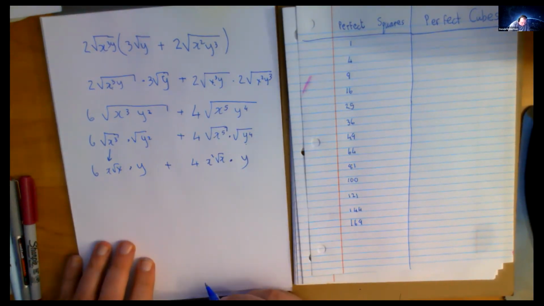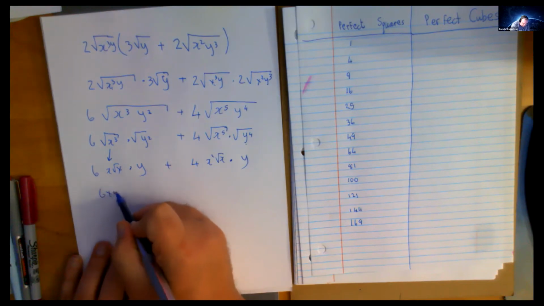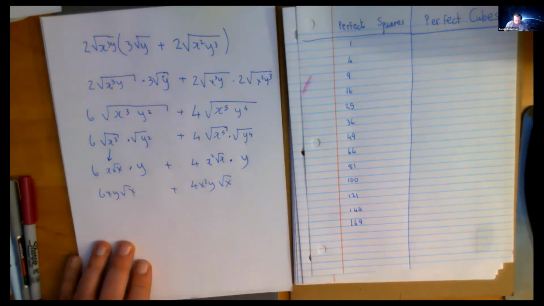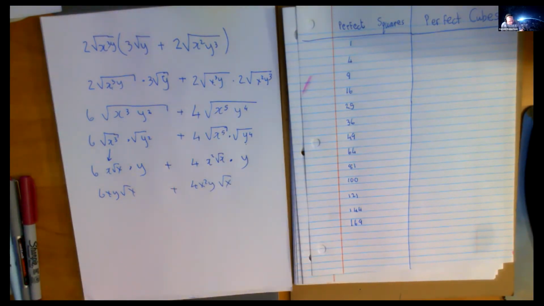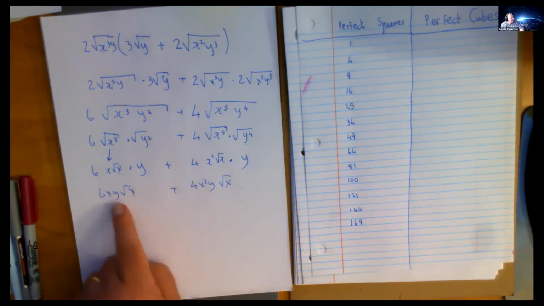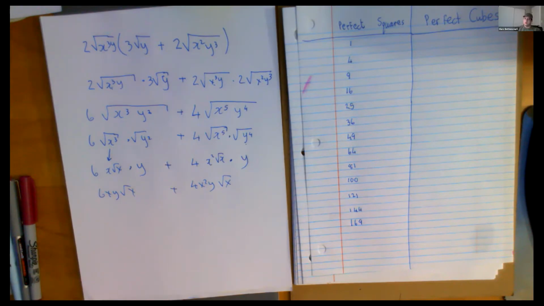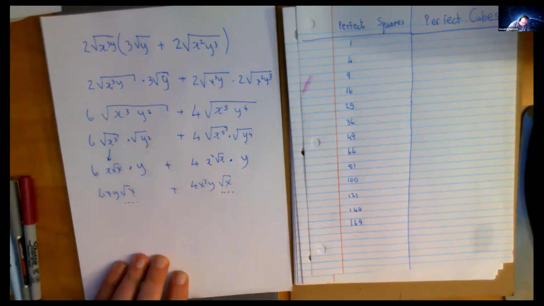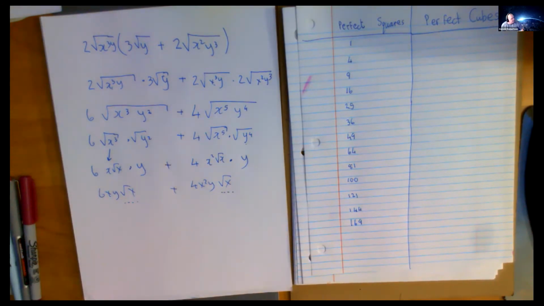Tidying up, not an awful lot here. 6xy square root of x, 4x squared y square root of x. Now here's a temptation that you have to control. Isn't there a real big temptation to add these together and make 10 or something? The reason I think that temptation might be there is, don't they all have a square root of x in them?